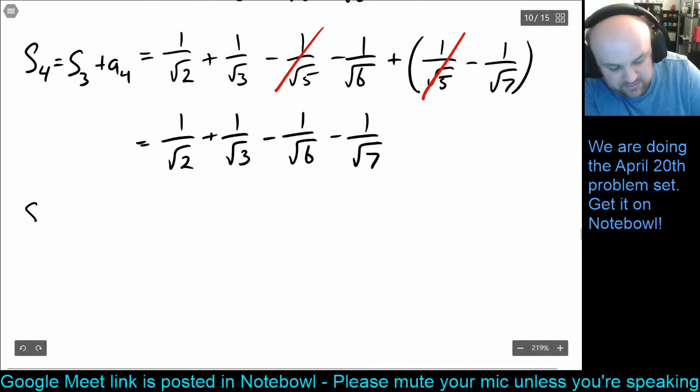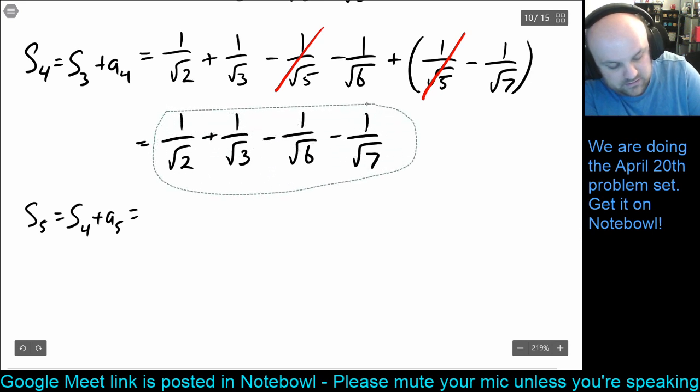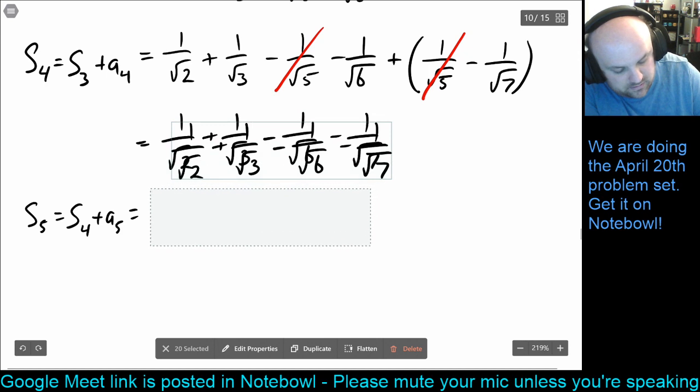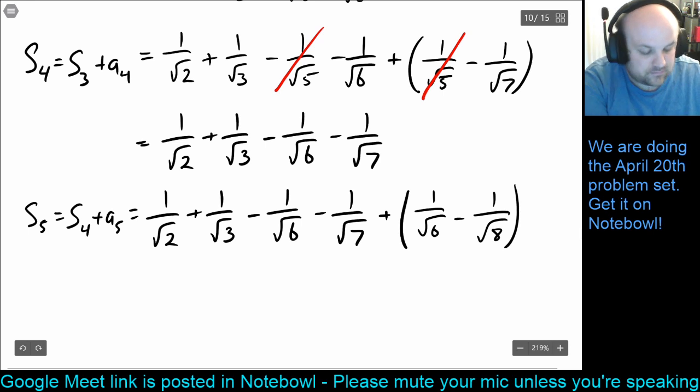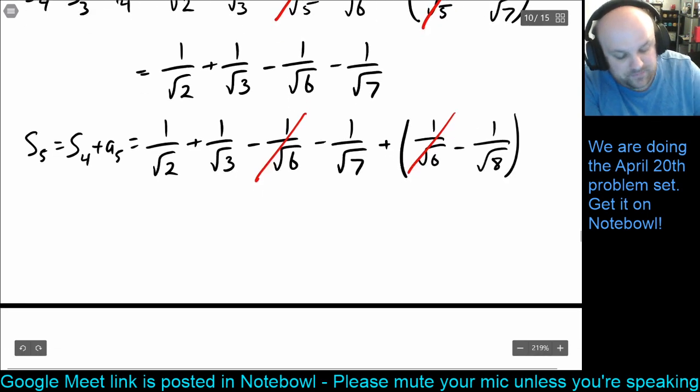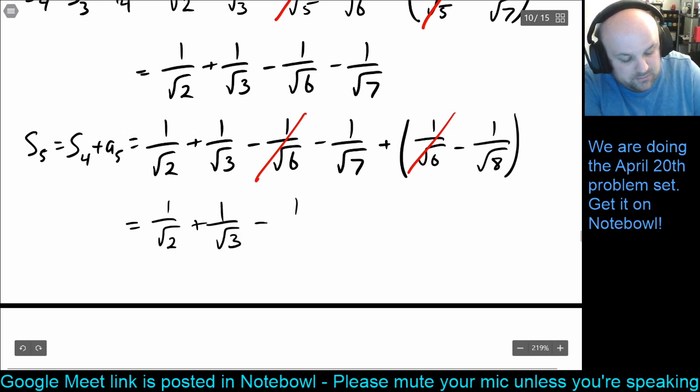So S5 is going to be S4 plus a_5, so it's going to be all this stuff plus a_5, which will be, let's see, 1 over square root of 6 minus 1 over square root of 8. And again, look what happens. The negative and the positive cancel. And we get 1 over root 2 plus 1 over root 3 minus 1 over root 7 minus 1 over root 8.